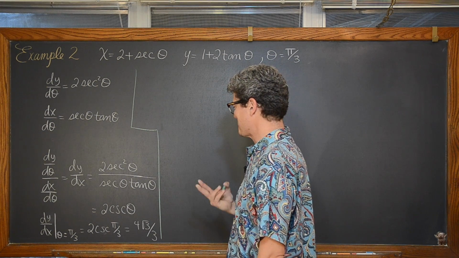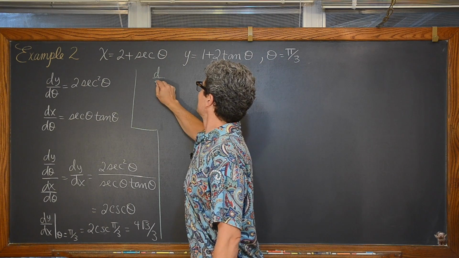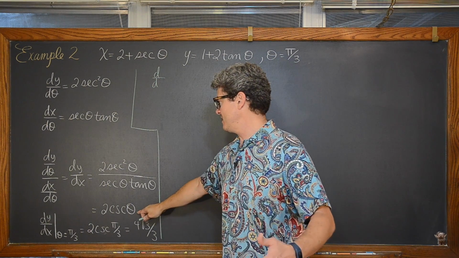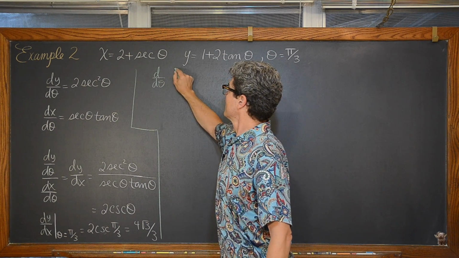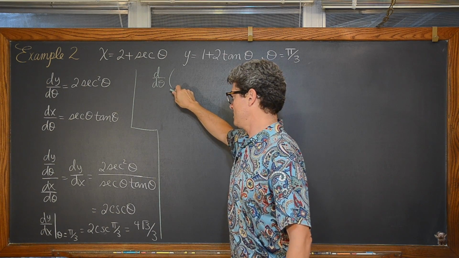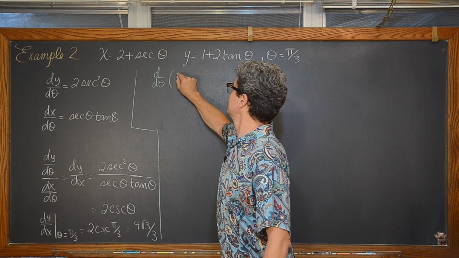Okay, so our second derivative is going to be the derivative with respect to, well, let's see here, our first derivative is in terms of theta. So d d theta of dy dx, which is, of course, 2 cosecant theta.